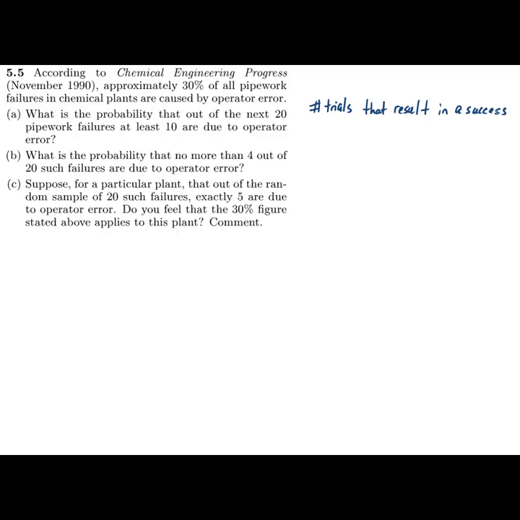So the first question is, what is the probability that out of the next 20 pipework failures, at least 10 are due to operator error? So we know this is a binomial. What is the value of p? 0.3, because that's your probability, 30%.